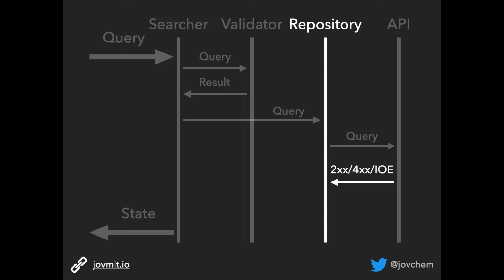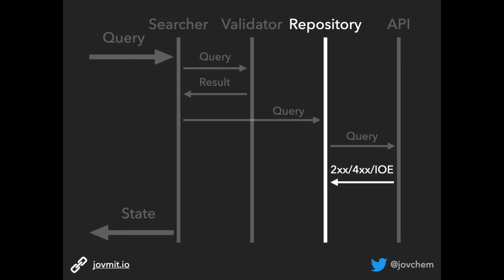Now, the repository would have to handle those exceptions or results or whatever, because to me, for example, IO exception is way too low level a thing to propagate up towards the UI. So I think the repository is the maximum it should get, and the repository will have to convert it into some sort of business type that will come back towards the searcher.